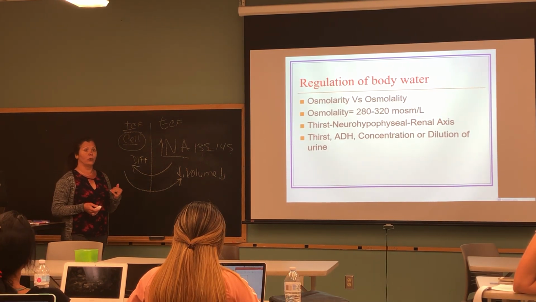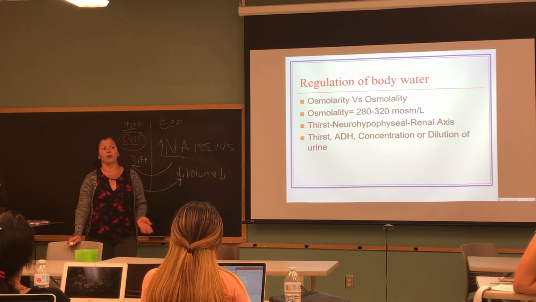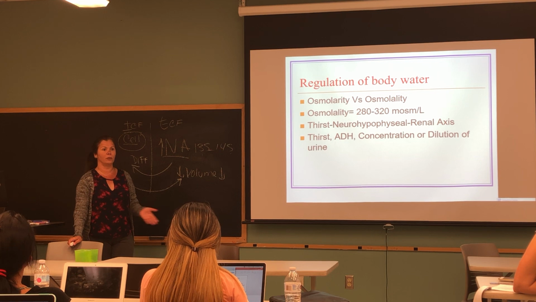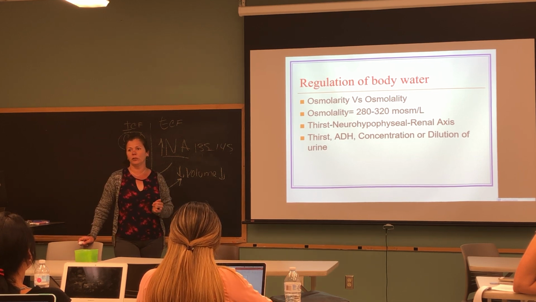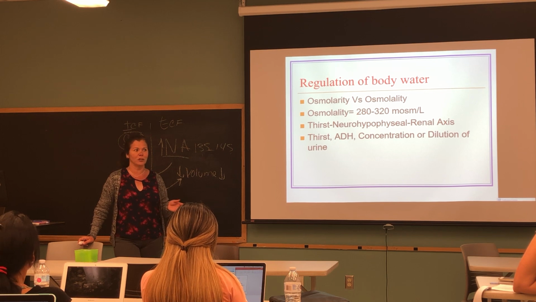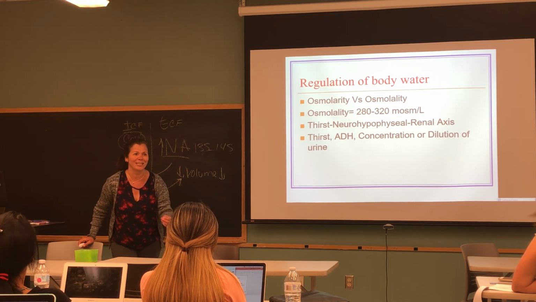The first auto-regulatory mechanism when the patient is dehydrated or has alterations in sodium is to go to the refrigerator and drink water, because the thirst mechanism gets activated. What happens if you are immobile, in traction, or your thirst perception is lost because you're an elderly patient?